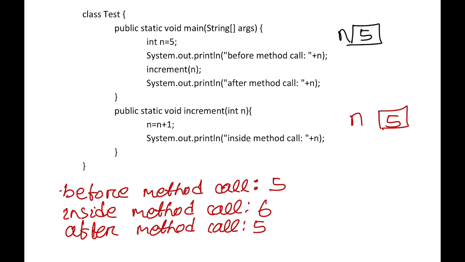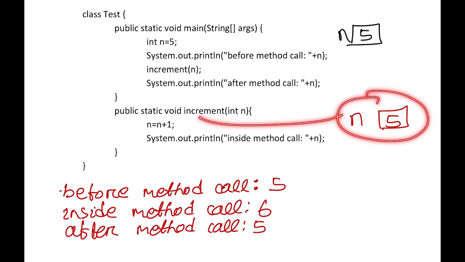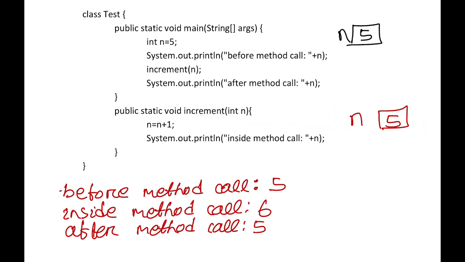So here this black color n is the n in the main method, and this red color n is the n in the increment method, and this red one is a copy of this black one. So these two n's are different.